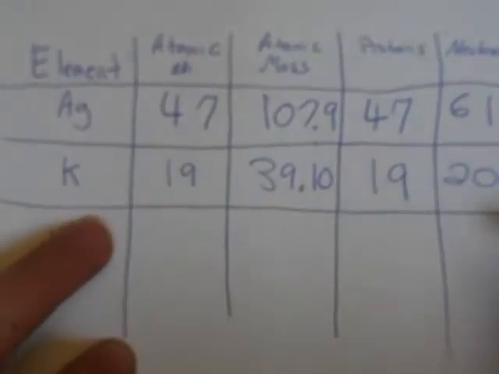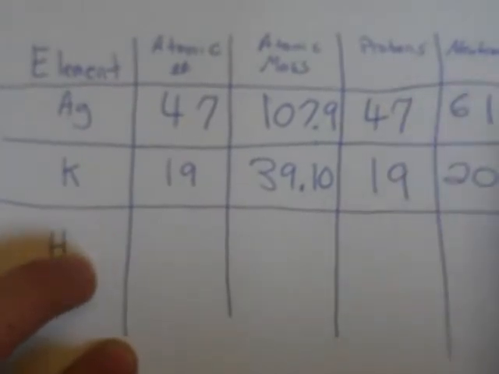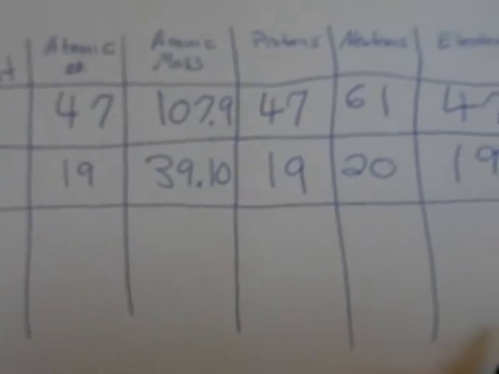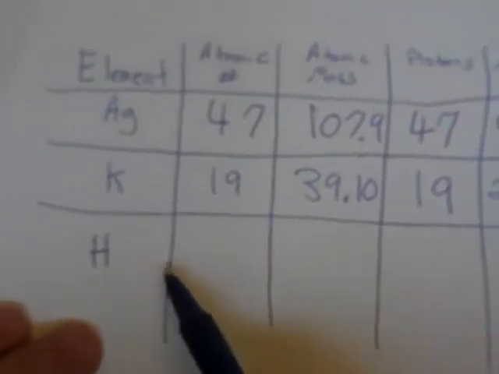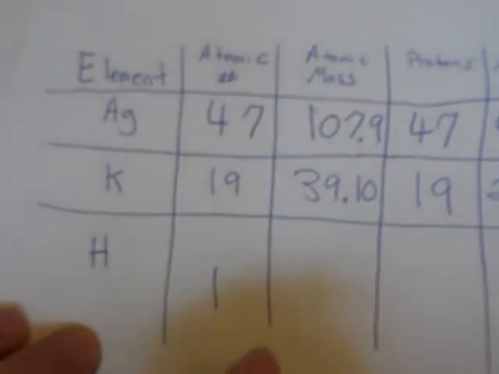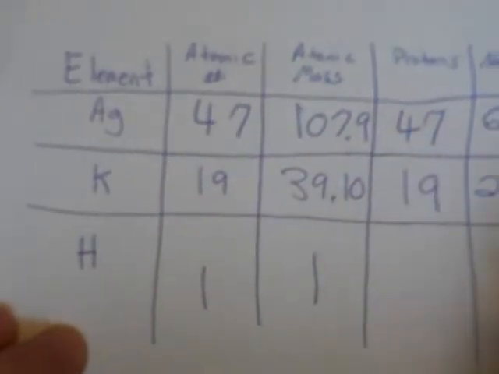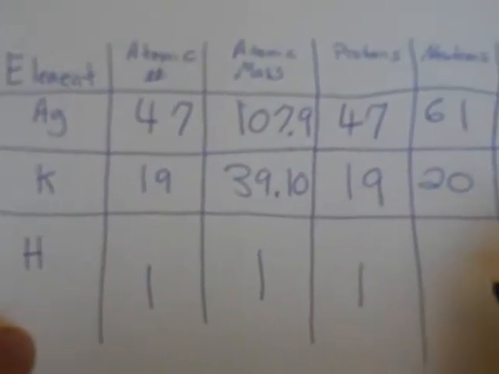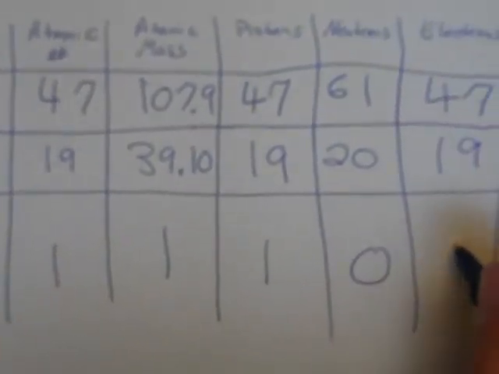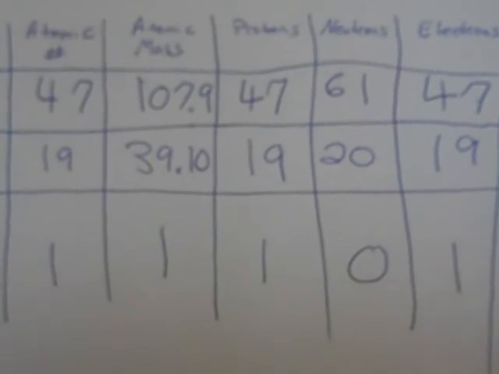And since there's no charge, the electrons is the same as the protons, 19. And hydrogen, down here, atomic number is 1, atomic mass is 1 again. There's 1 proton, and there's actually 0 neutrons in hydrogen, and there's 1 electron, I mean.